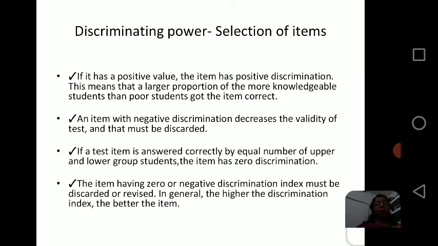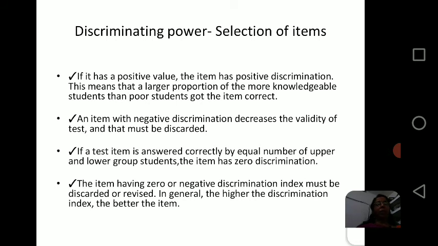So, a positive value of discriminating power is advisable. An item with negative discrimination decreases the validity of the test, and that must be discarded. No doubt, the item with negative discriminating power should be avoided.